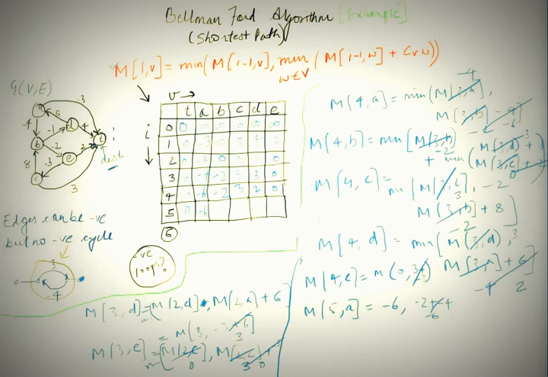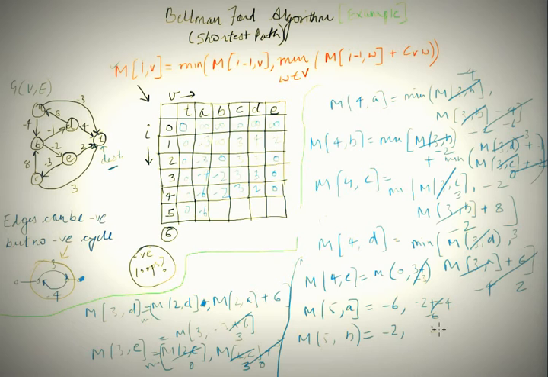Now M5,B is equal to M4,B, which is minus 2, or from B there are two outgoing edges to D as well as E, so I can again take the M4D value.